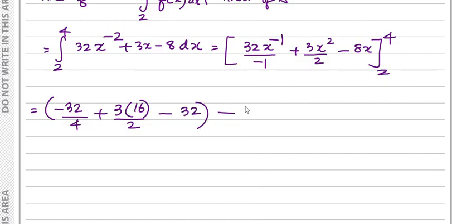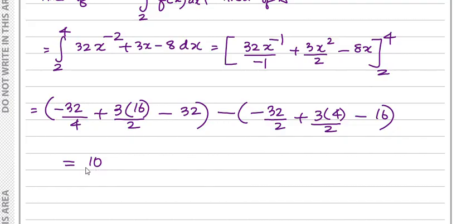Close the bracket, minus. Let's now put x is equal to 2 and do the same thing. So minus 32 over 2, because 2 to the power of minus 1 is division by 2, plus 3 bracket 4 over 2, minus 8 times 2, 16. Right, putting this into the calculator, I get this as 10.